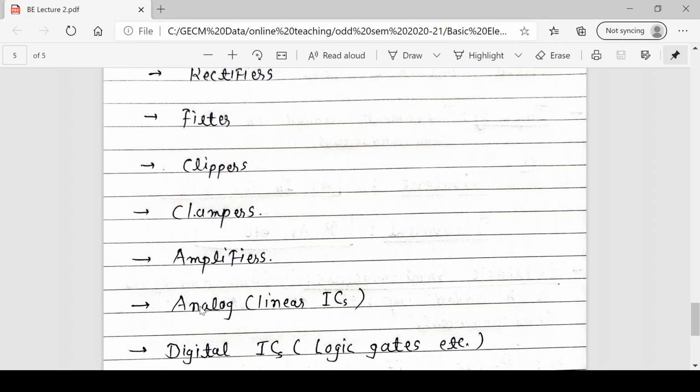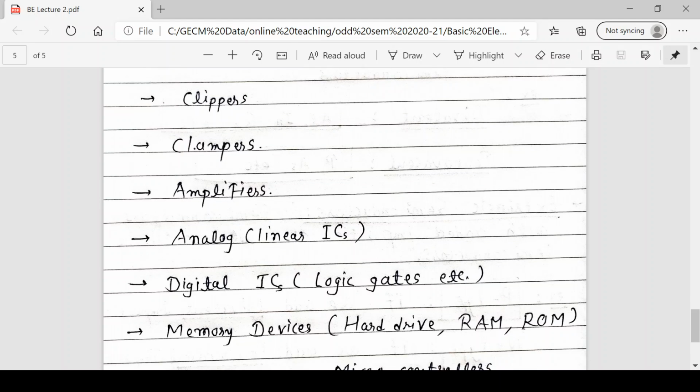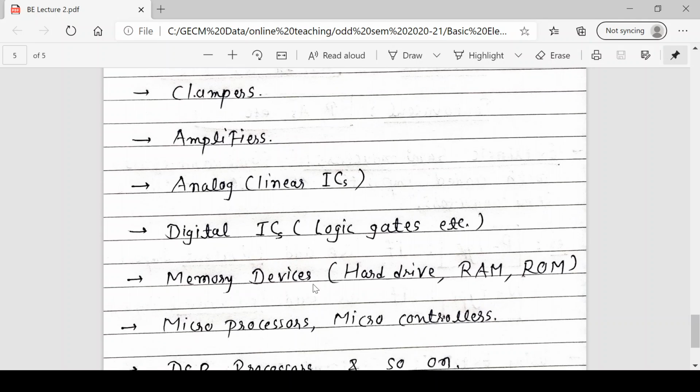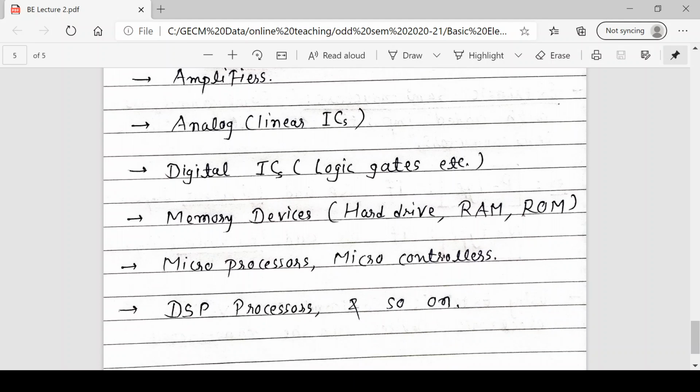Then analog ICs for amplifier, mixer, oscillator, etc. Then digital ICs. You are familiar with logic gates, AND, OR, NOT, NAND, etc. Those all are digital ICs. They can also be made using electronic devices. Then memory devices: as I told, your hard drive of PC or laptop, your RAM, ROM are also constructed from electronic devices. Then comes the microprocessor, microcontroller.